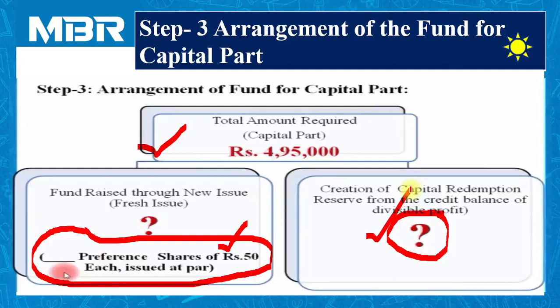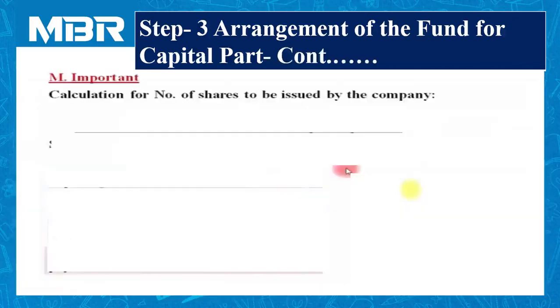I hope all of you agree with me, because we don't know any of these items. Information is given that we have to issue new preference shares of rupees 50, but how many preference shares are issued by the company, it is not given. So we have to refer to the additional information part once again.